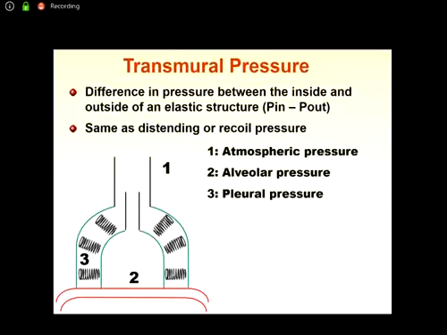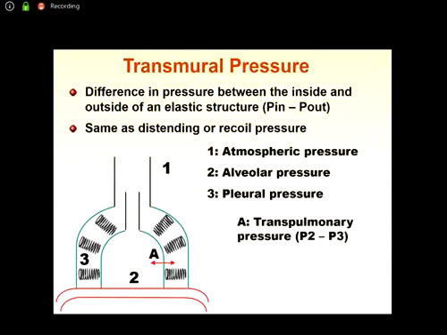Some people call that zero pressure, or 0 centimeters of water, which is basically the same as atmospheric pressure during the end of expiration and the end of inspiration. And the third one, number 3, is the pleural pressure, which is the pressure inside those two layers of pleura.